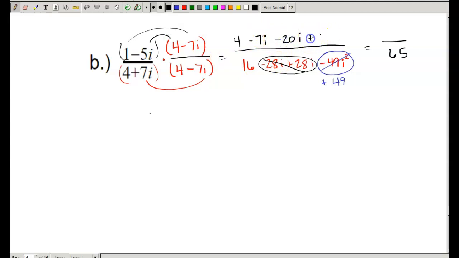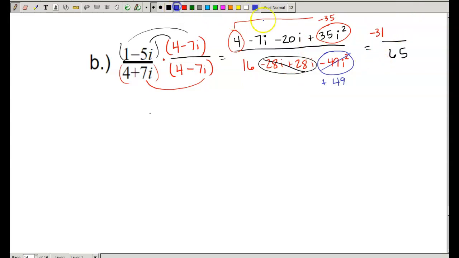And then I'll have plus 35i squared. So again, looking at the numbers, 35i squared is equal to negative 35 because i squared is equal to -1. And so I can add these things together. I have the 4 minus 35, and so that's going to give me a negative 31.